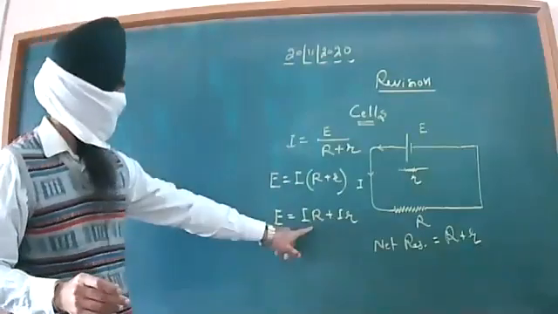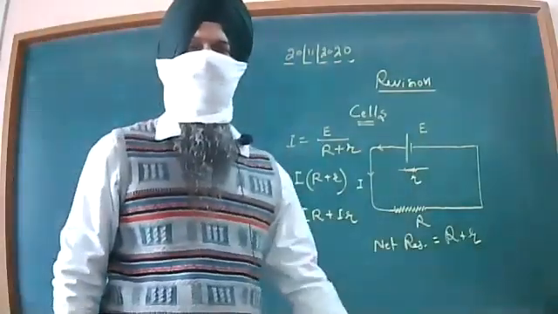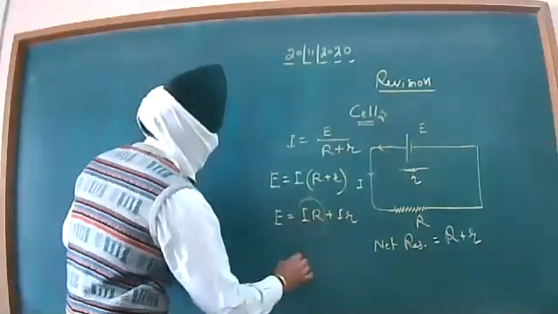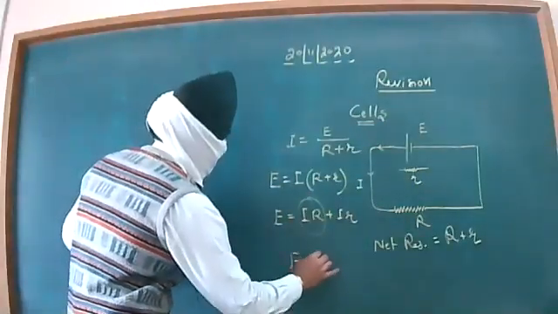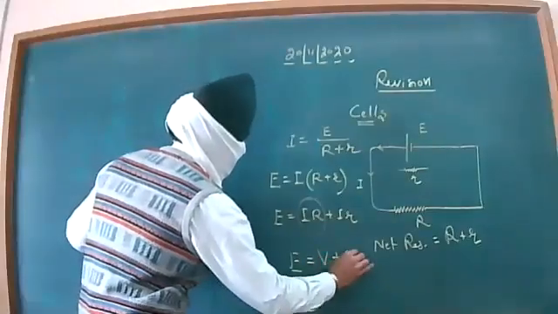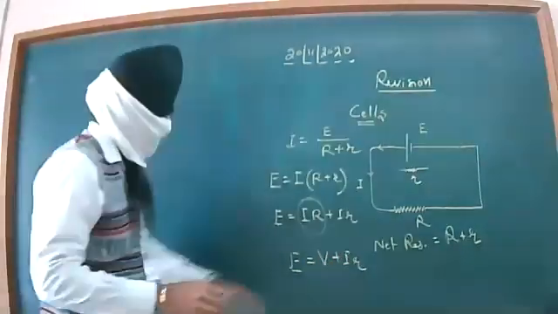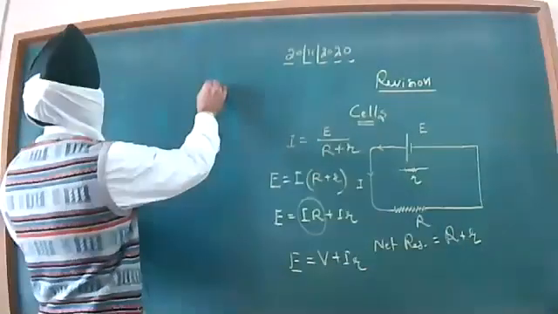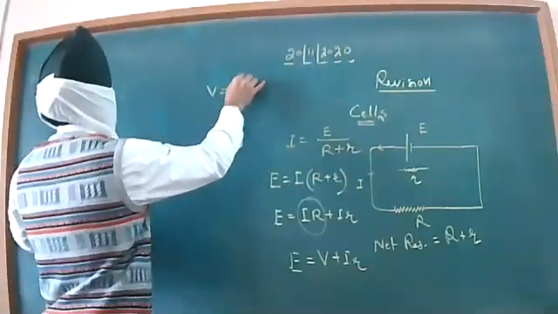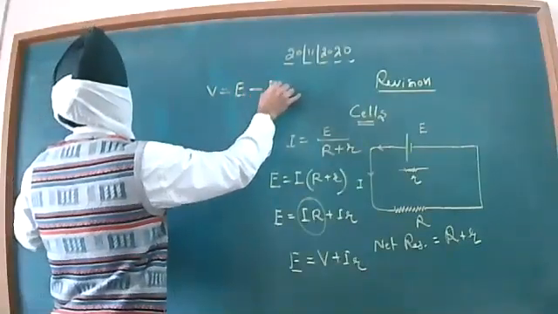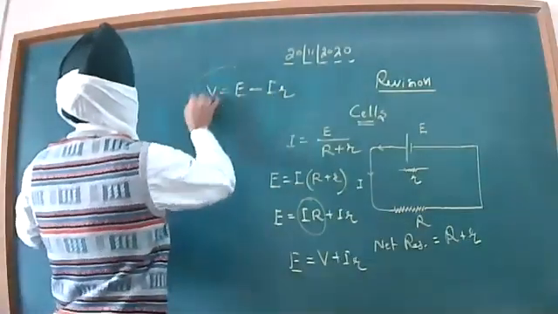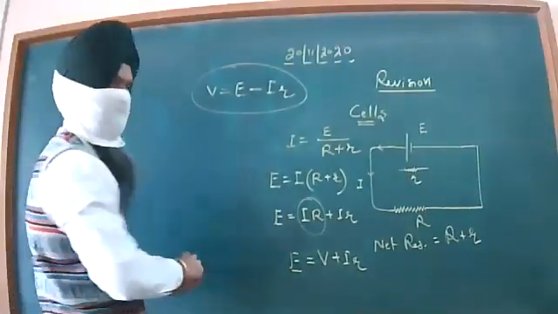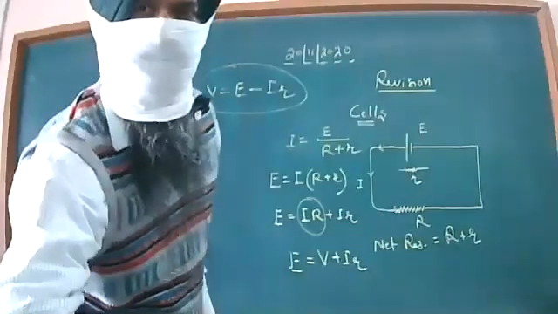And here this I into R, capital R, is nothing but your V. So E will be equal to V plus I into small r. By adjusting these terms, I will have V equal to E minus I into r. This is my key expression, a very important expression. Why important?